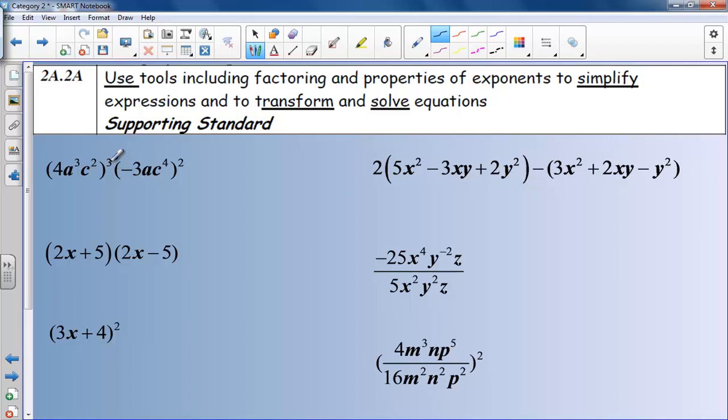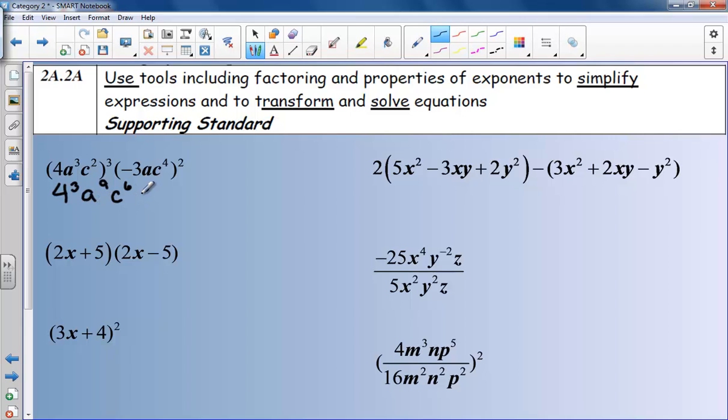So order of operations says first simplify anything in the parentheses, which I can't do here. And the second thing is to take care of any exponents. So this is my very first step here. So this is 4 to the third power, a to the third power 3 times, so a to the 9th power, c to the second power 3 times, so c to the 6th power.